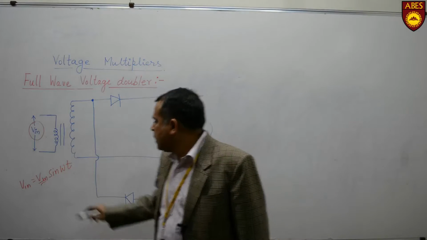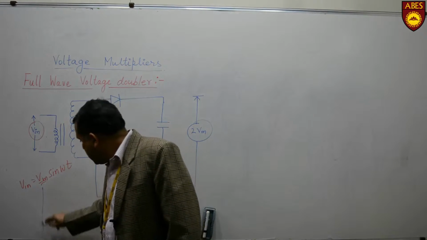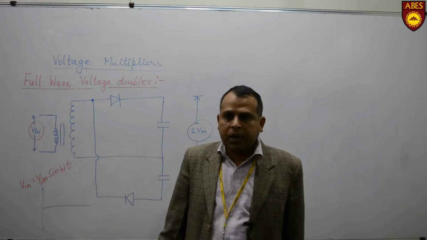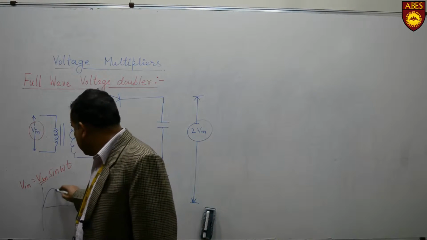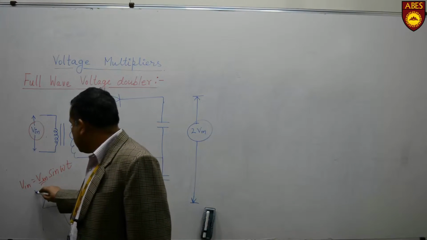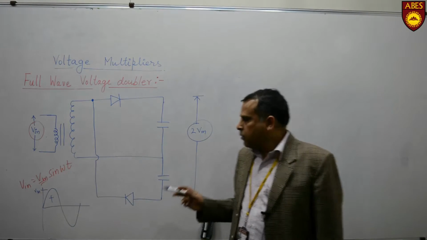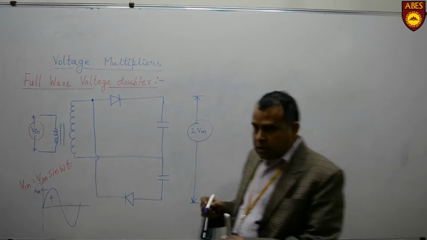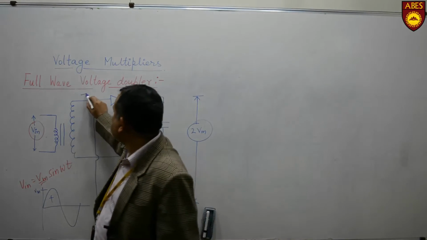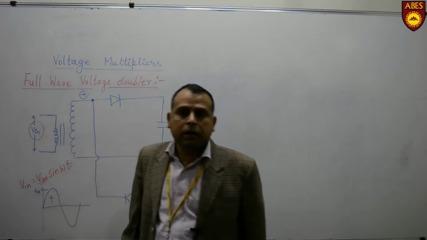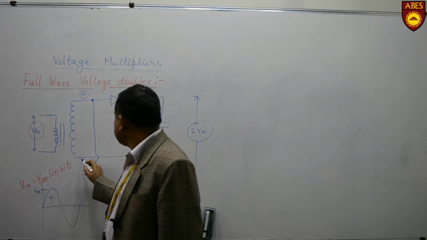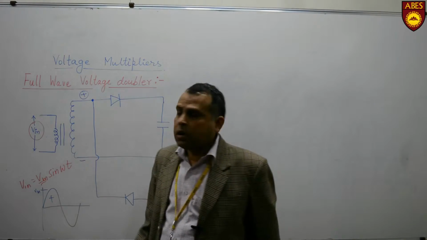When the first half cycle of this input appears, that means the positive half cycle, this terminal becomes positive and this terminal becomes negative.